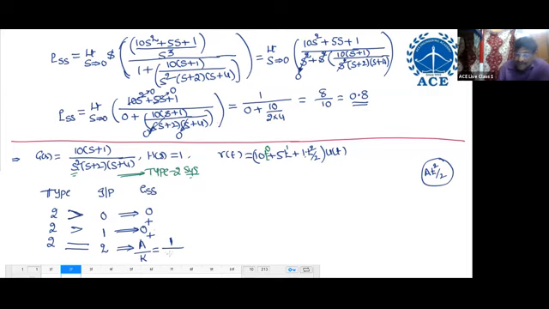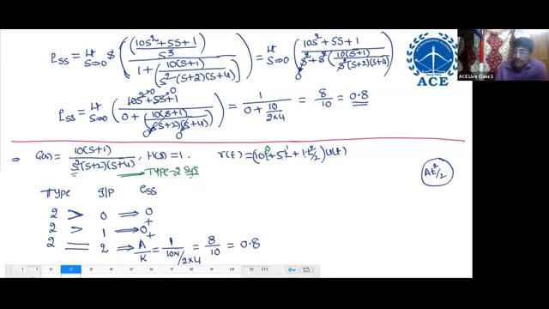The numerator constant is 10 into 1, divided by the denominator constant, 2 into 4. That means 8 by 10, which equals 0.8. So the answer is 0.8.